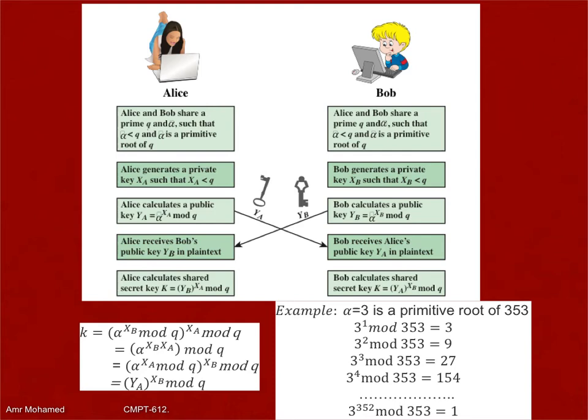What I heard is the best way is to use a huge amount of lookup tables, so that you select alpha and Q in such a way that not only is alpha a primitive root of Q, but for any value of XA, the number you achieve is big enough.